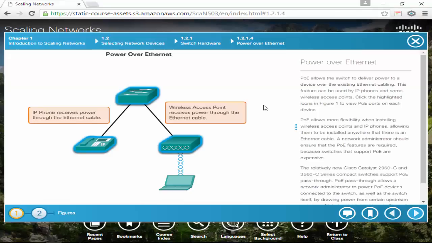Power over Ethernet. I think we've talked about this before, but power over Ethernet is where we just run one Ethernet cable, and we don't have to plug a phone into an outlet. We don't have to use actual physical power. We power it through the switch. Same with the access point.